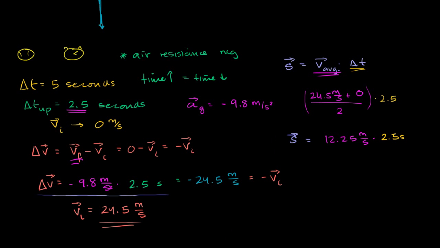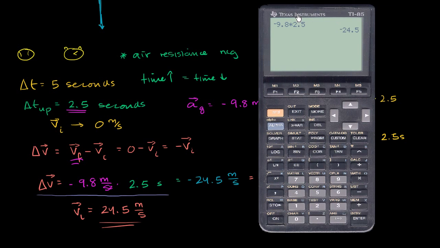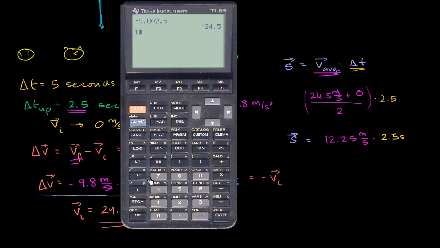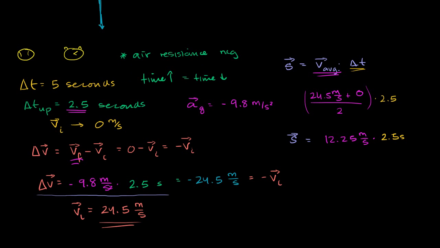So this gives us, I'll get the calculator out once again, 12.25 times 2.5 gives us 30.625. So our displacement is 30.625 meters. These seconds cancel out. Meters.